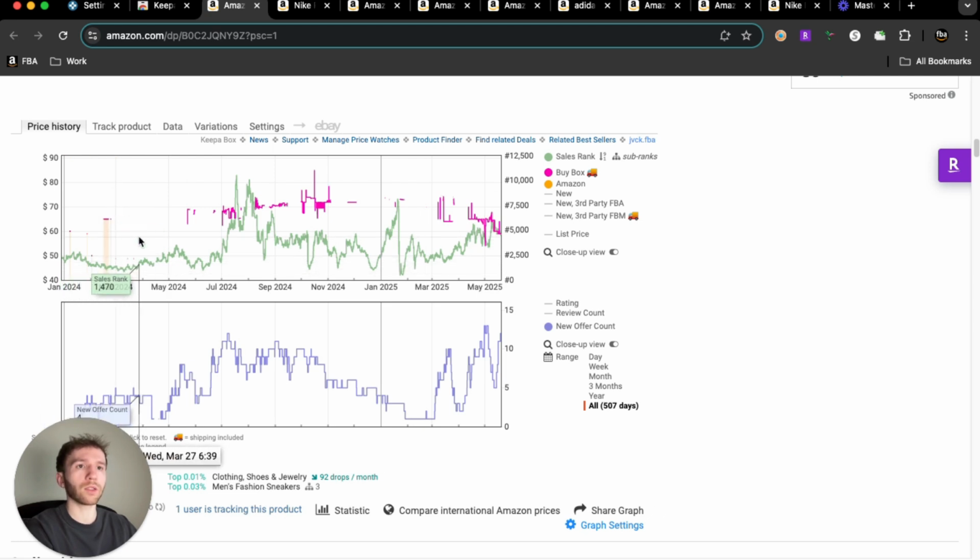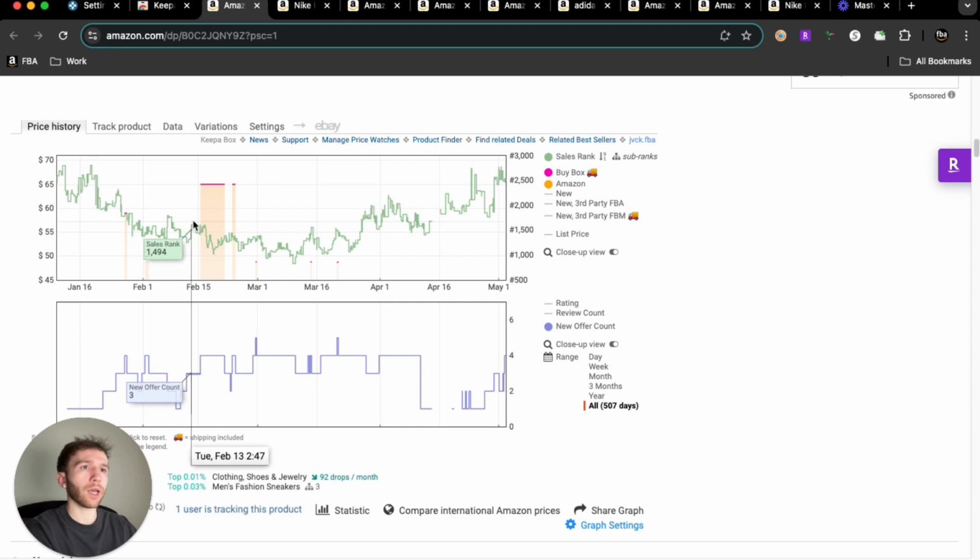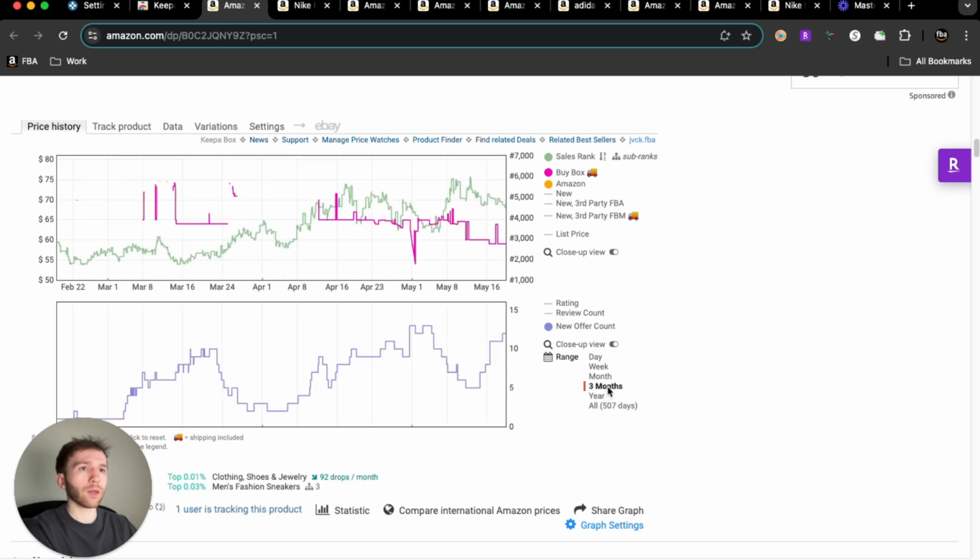If you ever want to also see a more detailed version of the past history further than 3 months, you can just click and hold and drag the selection that you want to make, release that, and it will zoom in on just that specific time frame. So we can see here that Amazon did have stock, they ran out, they came back in stock, they ran out again, for maybe this 1 month that they had stock. In order to get back to where we were, we just click on the 3 months and it will bring us right back to that.